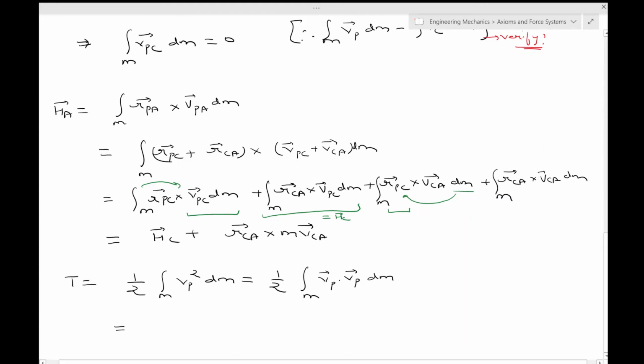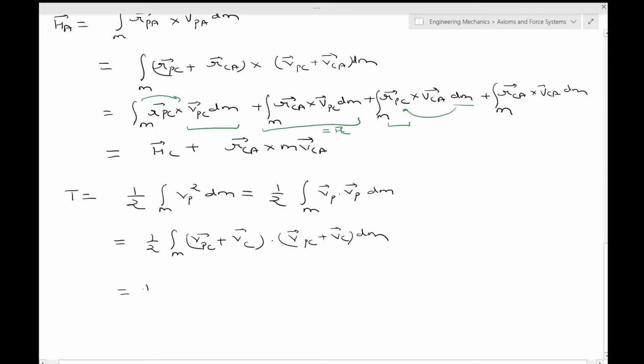Okay, so this can be written as half into (vpc plus vc), okay, dot (vpc plus vc) dm. This would make it half vpc whole square dm, plus, so dm should always be there, plus then half goes to the next one, vc square dm.